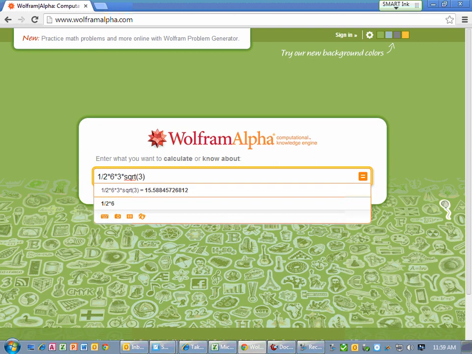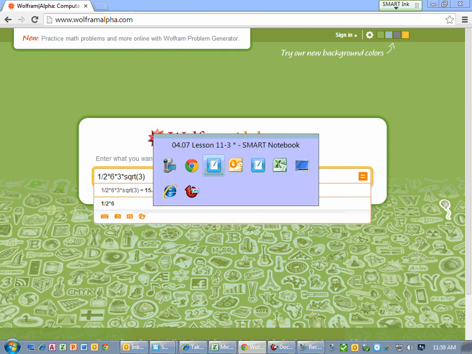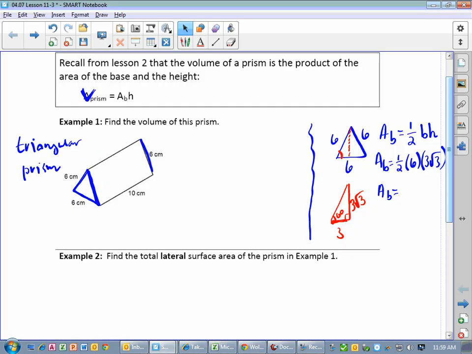And so we get a base area of 15.588. So the area of this triangle is 15.588 square centimeters.